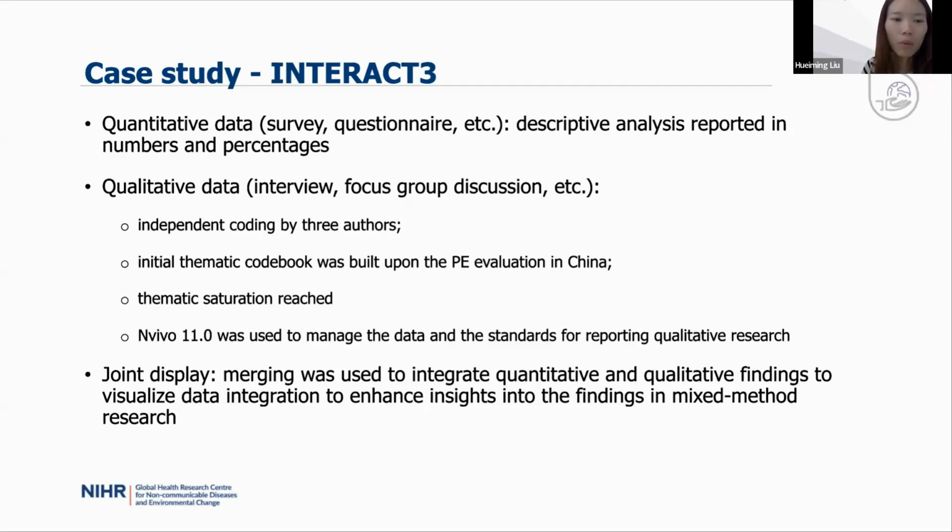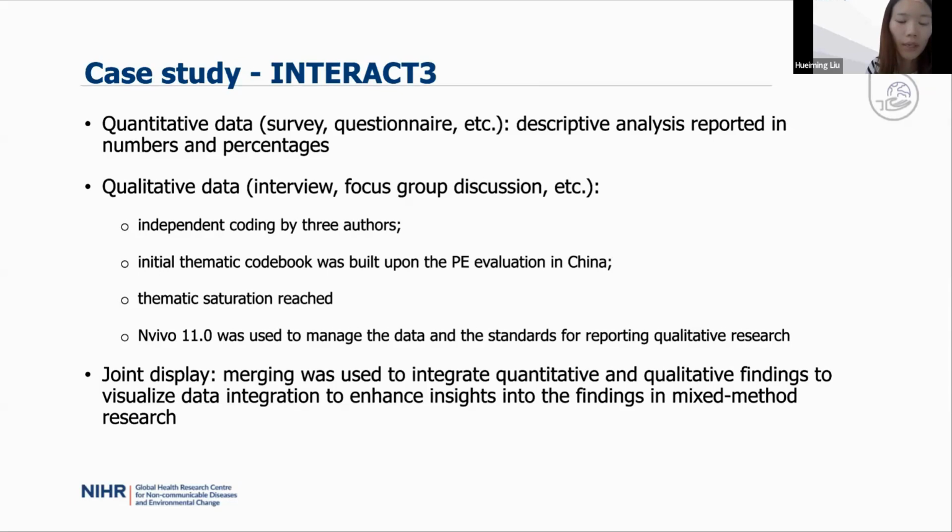But after we rolled out to other countries, the coding was much more deductive, because we already had an initial codebook and we just built up the themes and checked across whether there were any differences or new themes coming out from different countries under different contexts or health systems. The goal is also to reach thematic saturation. And we used NVivo as software to manage the data and the coding we did.